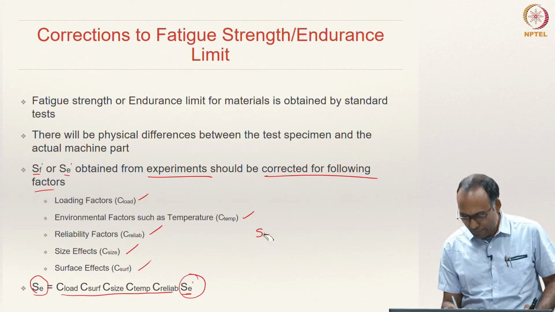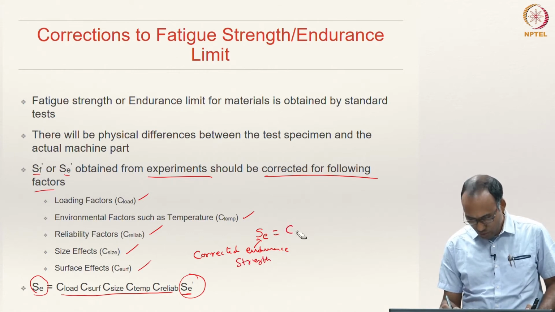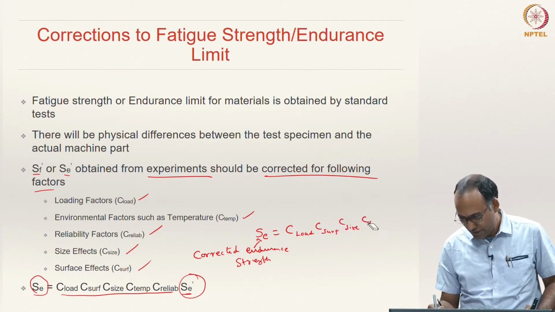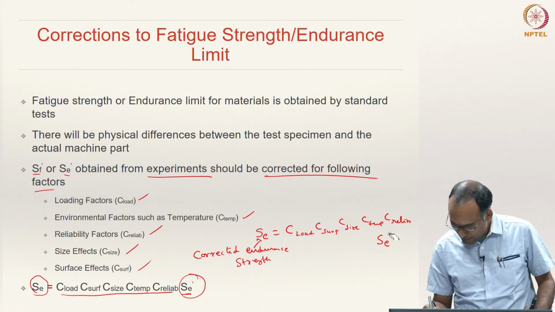So, you can write my SE dash, the corrected endurance strength, is equal to C load, C surf, C size, C temp, C reliability, or whatever, if there are more, times SE dash.